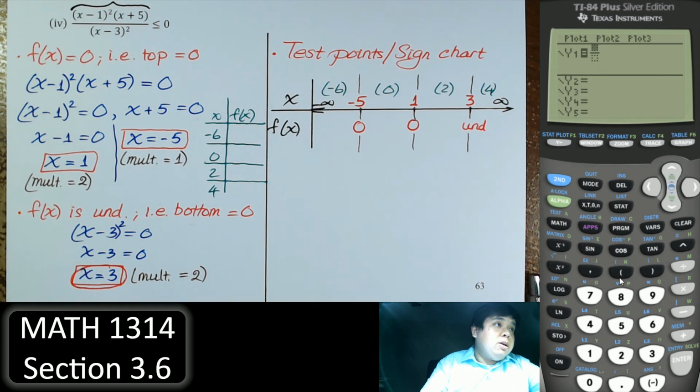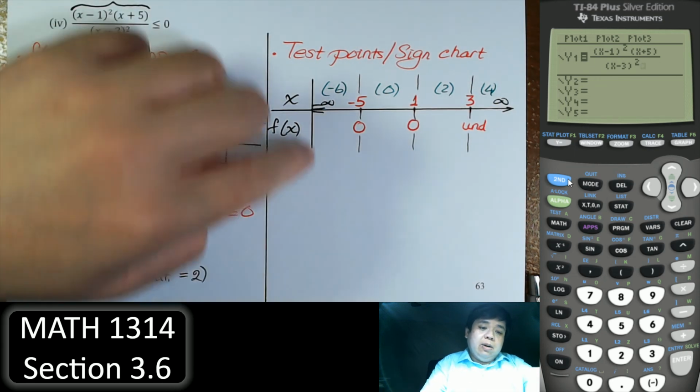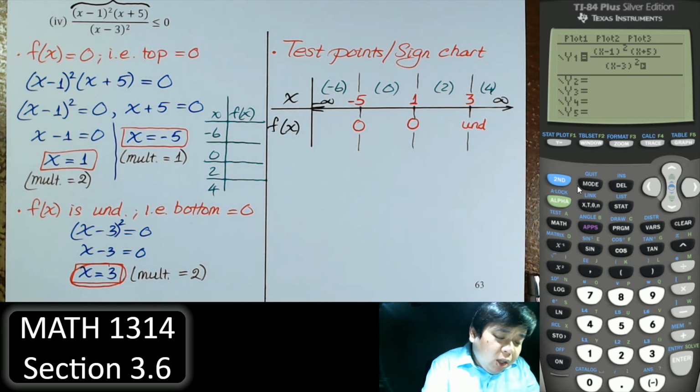Right, on the top, x minus 1 squared, and then x plus 5, x minus 3 squared. Right, let's find the values. Once again, this is just from the table because all of them are integers.